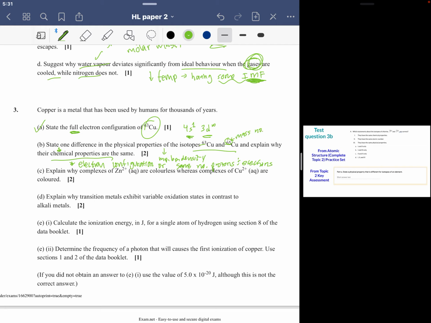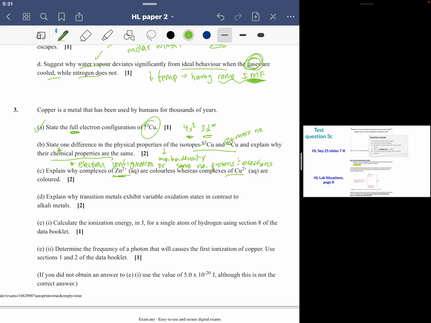All right, explain why zinc is colorless while copper is not. Well, we'd seen that exact question. We saw that in the high level time. It's because zinc, when it forms complexes, does not split the D level, because it has a full D subshell. Some people were just trying to say it's full.